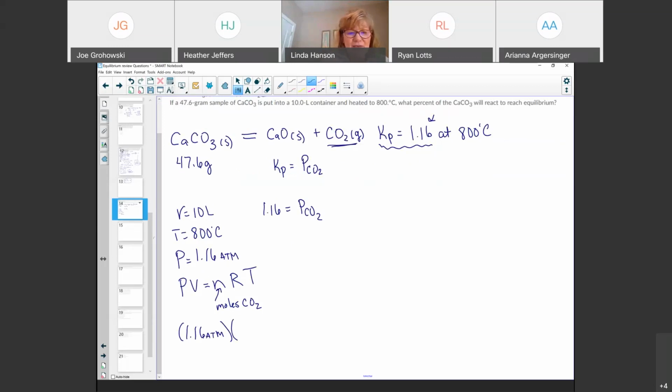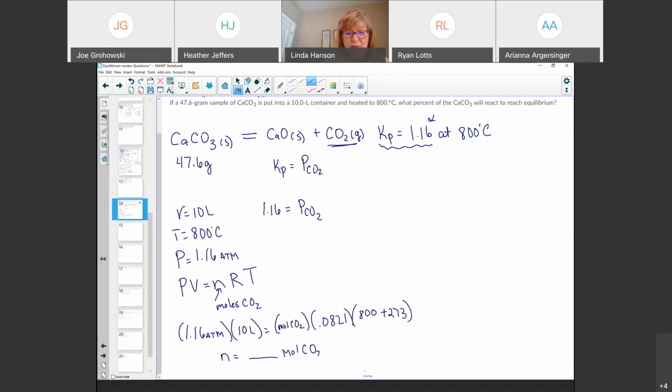So the pressure was given to us as 1.16 atmospheres. The volume was given as 10 liters. I know moles of carbon dioxide, that's n. R is our gas constant. And temperature will have to be in Kelvin, so we'll be sure to convert 800 plus 273. When I solve for n, that's going to be moles of CO2.